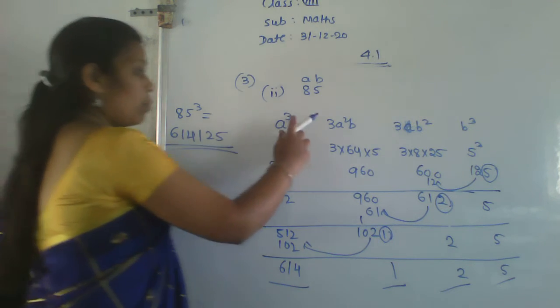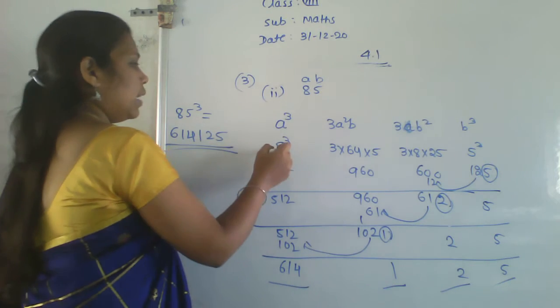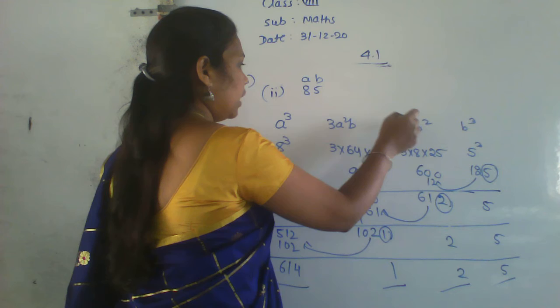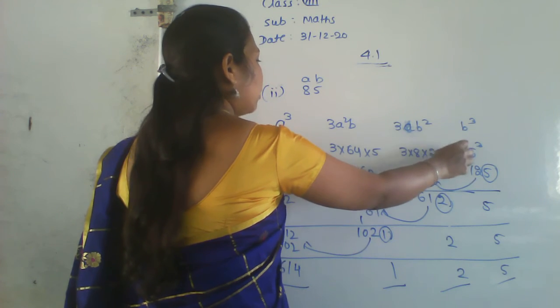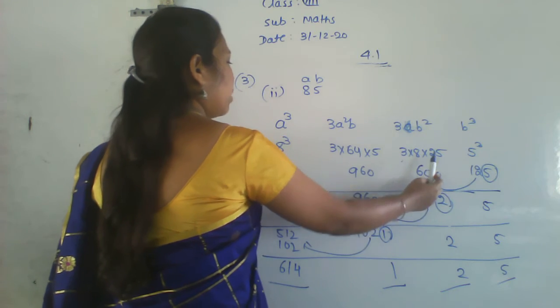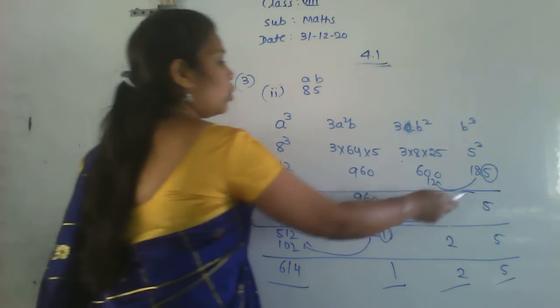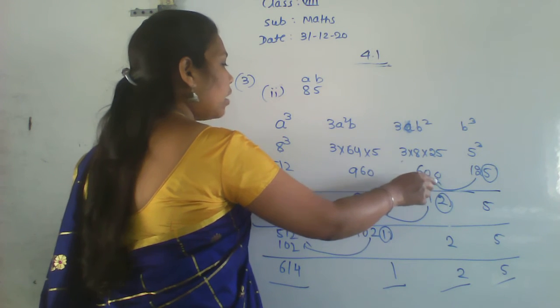So a cube, 3a square b, 3ab square, b cube. A cube is 8 cube, and here 3a square into b, and 3a into b square, and 5 cube. What is the 5 cube value? 125. Here multiply 600, it is 960. It is 505. So now take only the 5 value, the other digits take here and add.